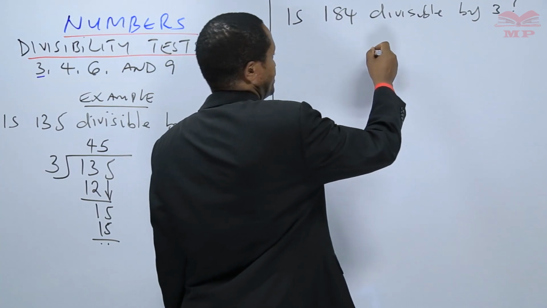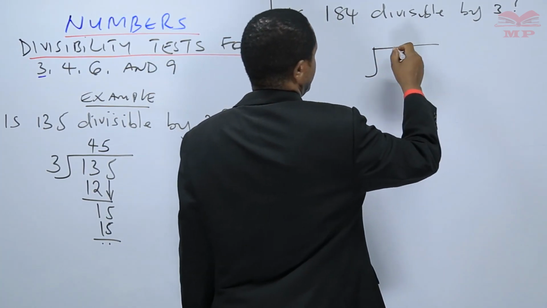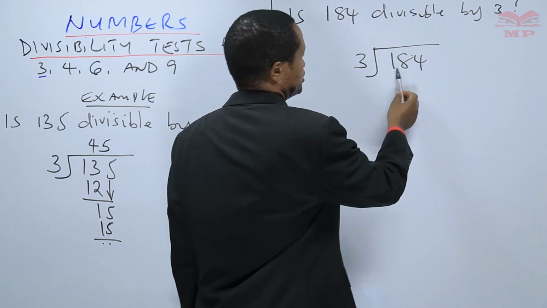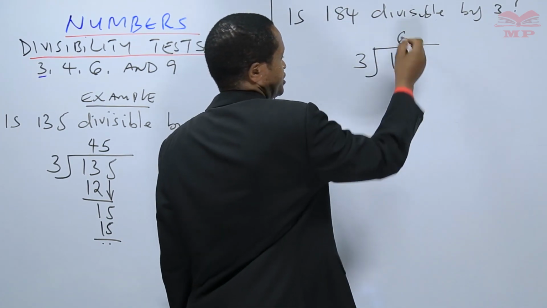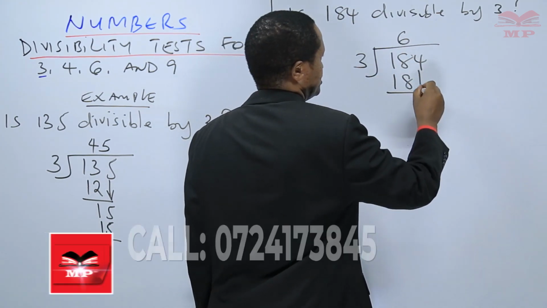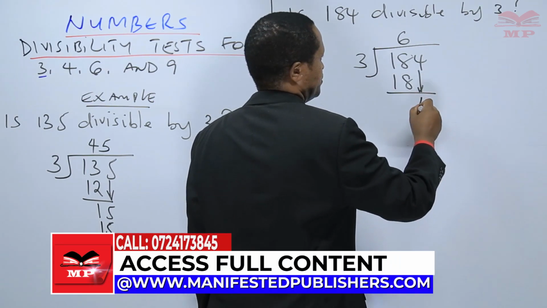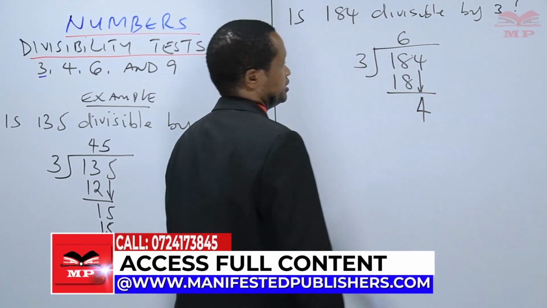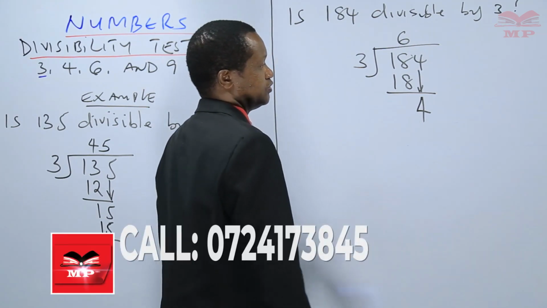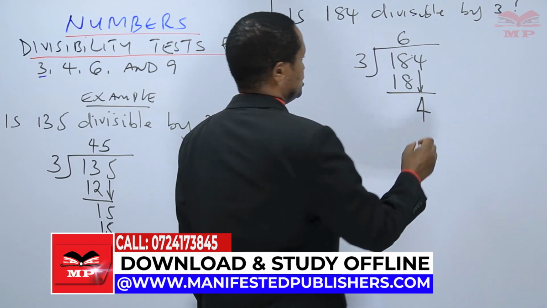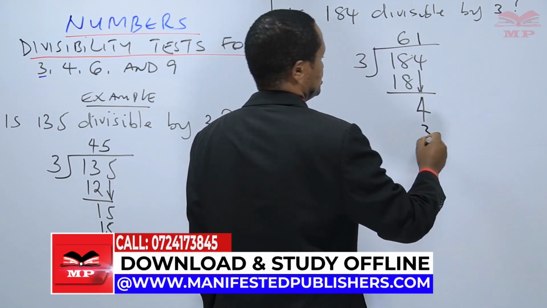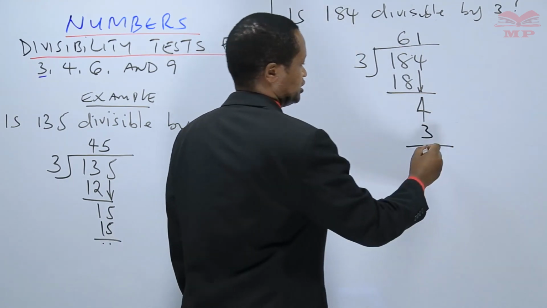So we can find out by dividing 184 by 3. 3 goes into 18, 6 times. 6 times 3, 18. Then bring down here this number 4. 3 goes into 4 how many times? Once. So we write here 3, then 4 minus 3 is equal to 1.